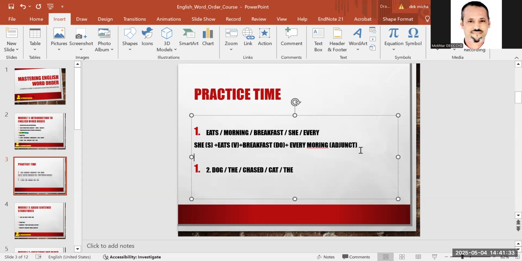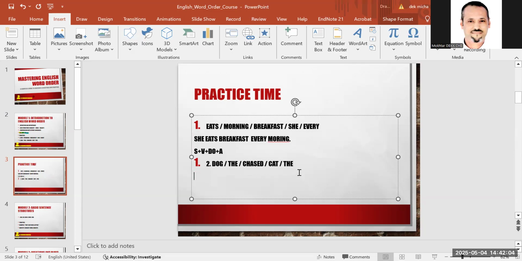And the structure is subject plus verb plus direct object plus adjunct. Let's make it an English sentence, and full stop. She eats breakfast every morning.